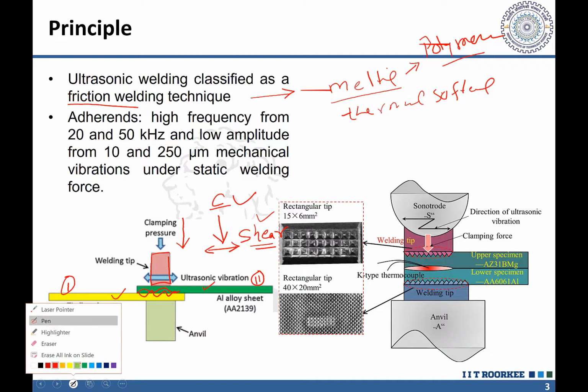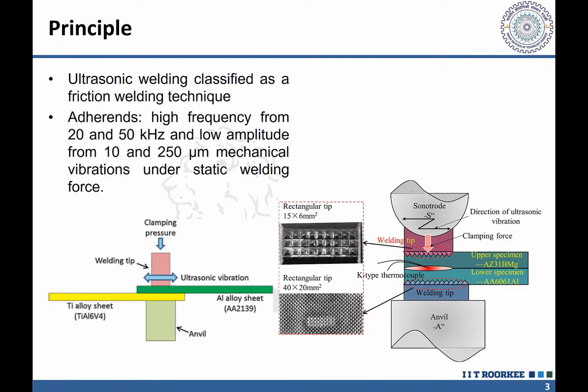If we check this, this is the sonotrode. In order to provide very intense and focused vibrations, the sonotrode tip is not made flat, but it is given different kinds of features at the surface which will be coming in contact with the workpiece. This kind of geometry we can use from the top and the bottom side.